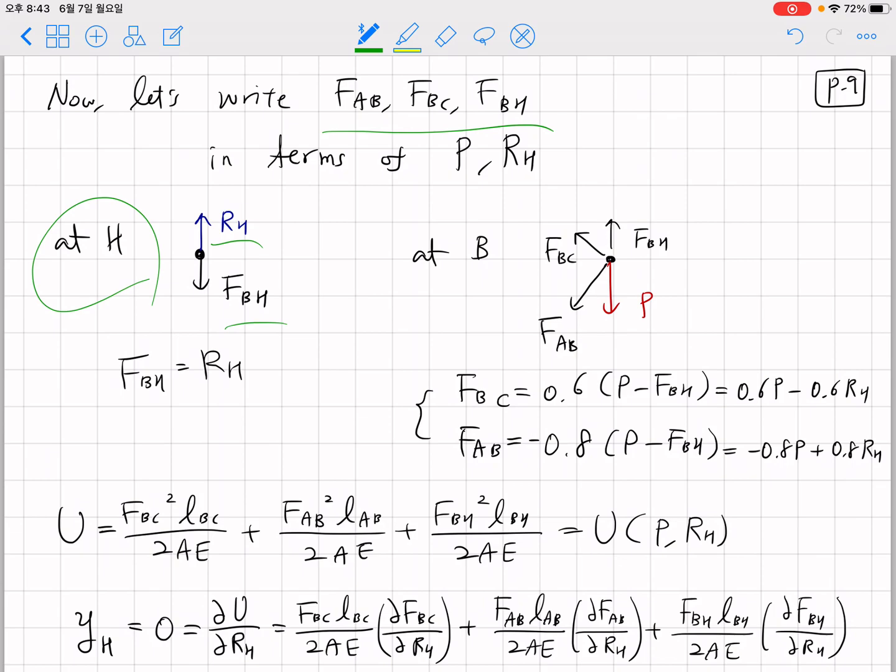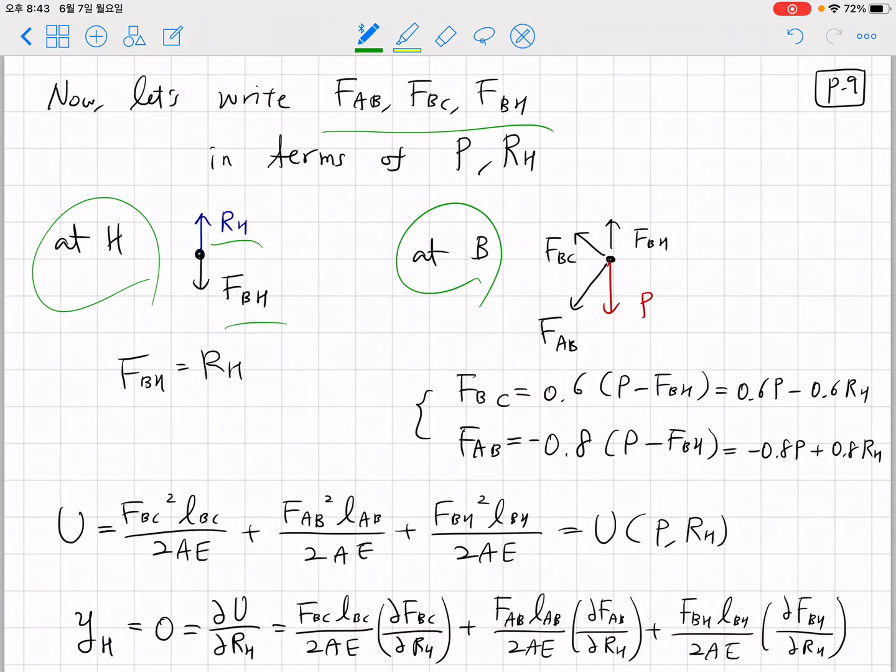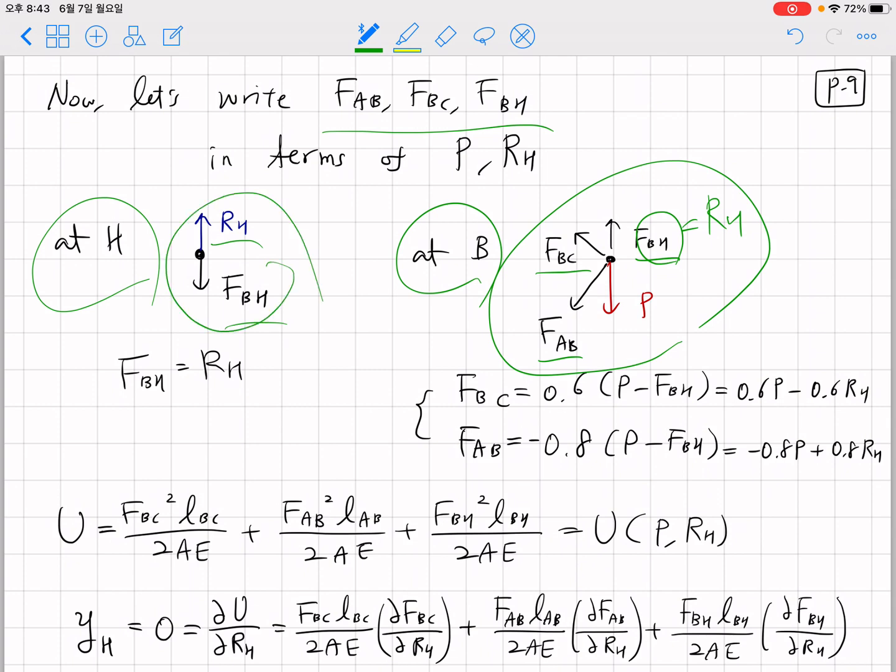Regarding this B point, here you have FBH, FBC and FAB, and FBH can be written as RH. So after writing down these two vector equilibrium diagrams, you can write down FBC and FAB in terms of P and RH.